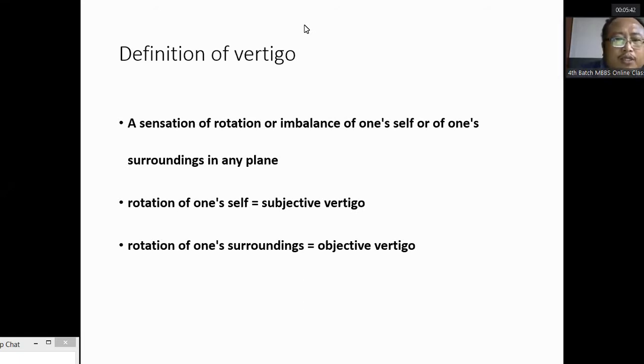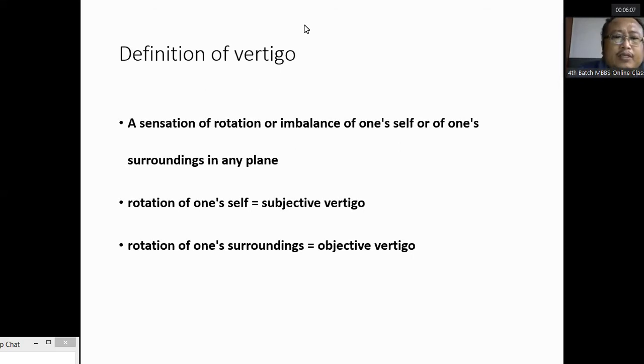And on the basis of the subject, the patient's and the environmental issues, vertigo can also be classified into two types. That is subjective, meaning the patient can feel it.